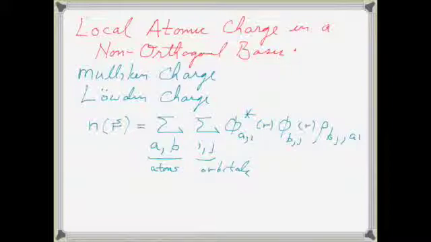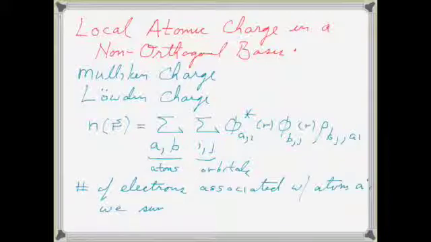So to get the number of electrons associated with atom A, you do the sum over all atoms B and all the orbitals, but not over A. So we do the sum over all B, I, and J and integrate over position.